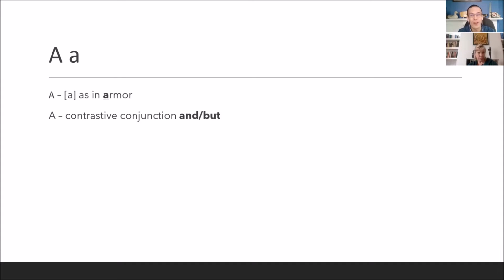Now you learned your very first letter, very first word in Ukrainian, because A, it's also used as conjunction. It means and or but. I could give you examples of how it works, but I think it's too early yet. So let's go further.